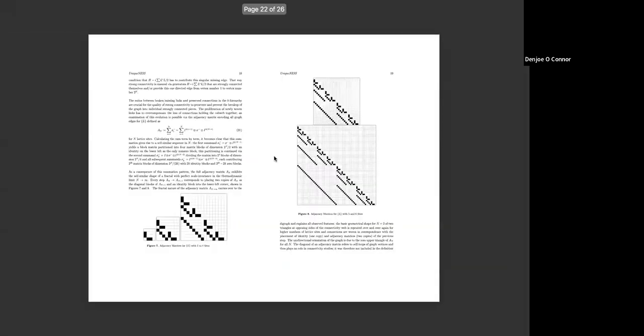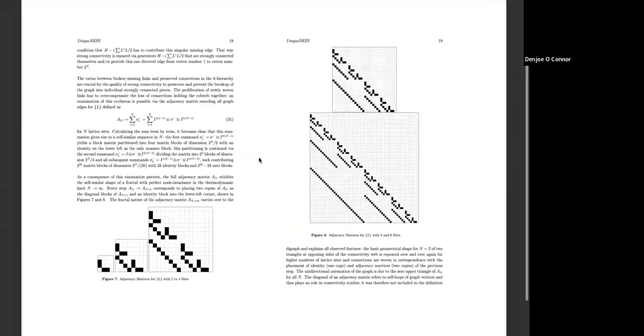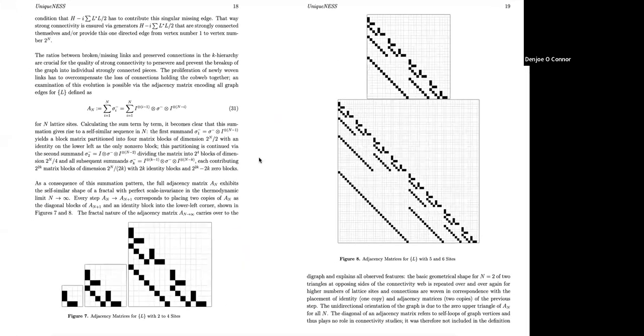And so we looked at the thermodynamic limit, and what you actually find is that those directed graphs that give you those nice patterns are constructed from adjacency matrices. And if you look at the adjacency matrices, they have fractal behavior. Because what happens with addition of more and more sites in the adjacency matrix is, for the jump, it's very easy.